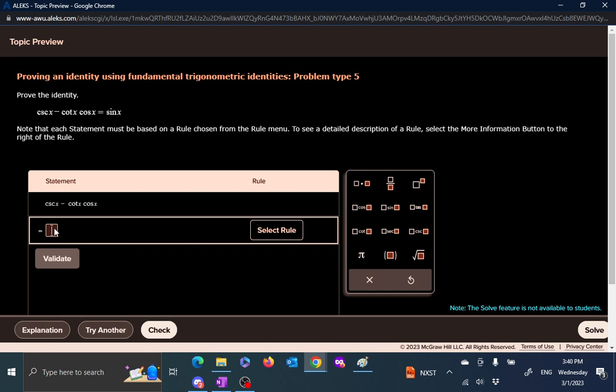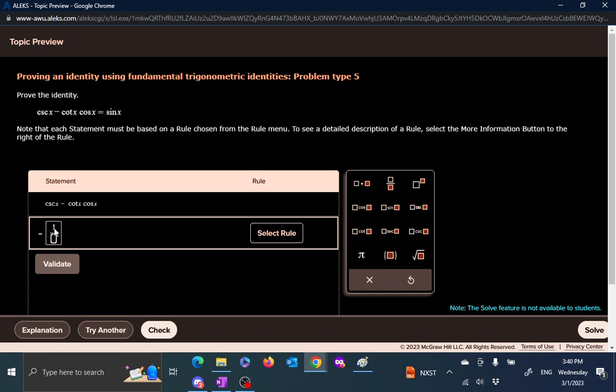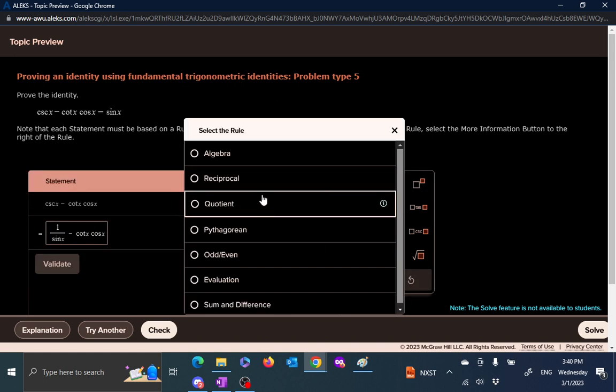Cosecant of x, we said, is 1 over sine of x, and then I have minus. I'm afraid the software is going to complain about using two rules at the same time, so I just use one rule, and here is my reciprocal.